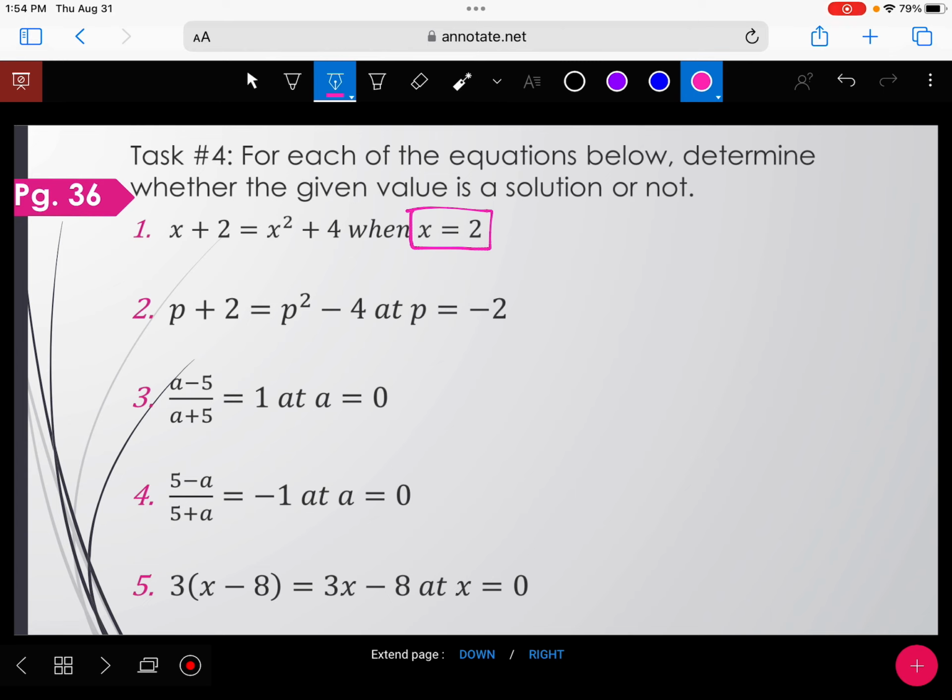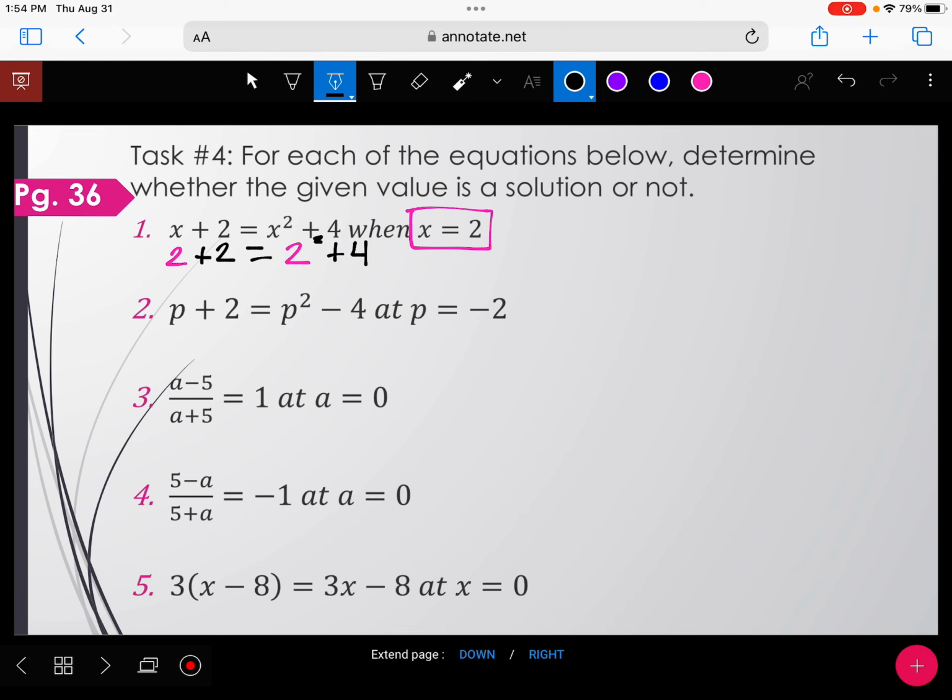What can I do to test that? Substitute it in. I want to know if 2 plus 2 is the same thing as 2 squared plus 4.